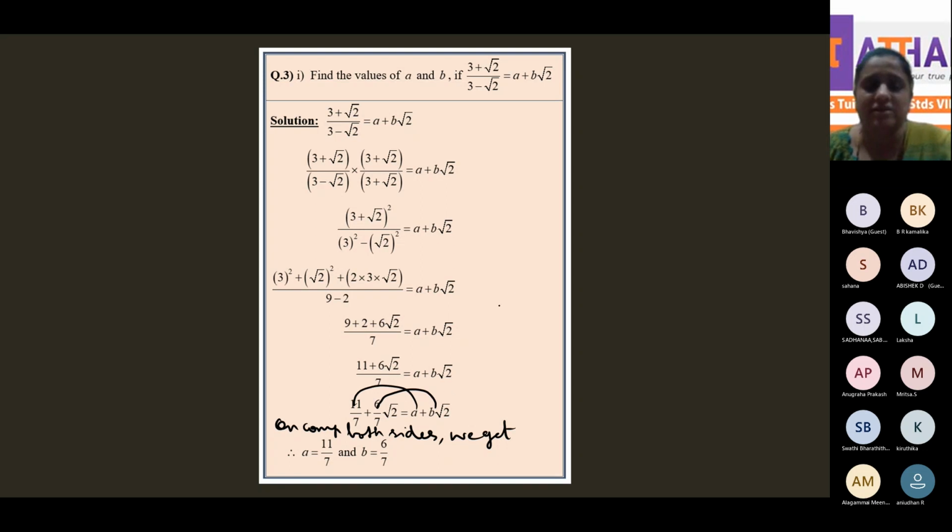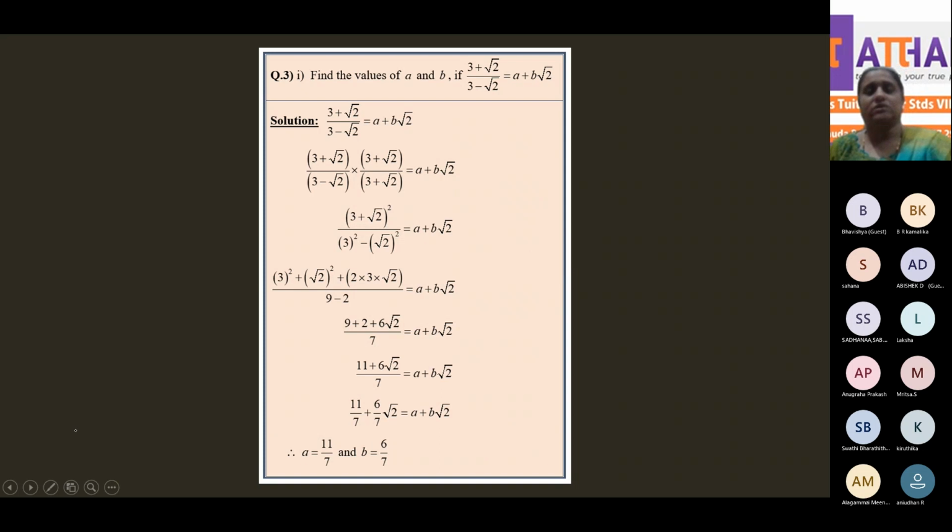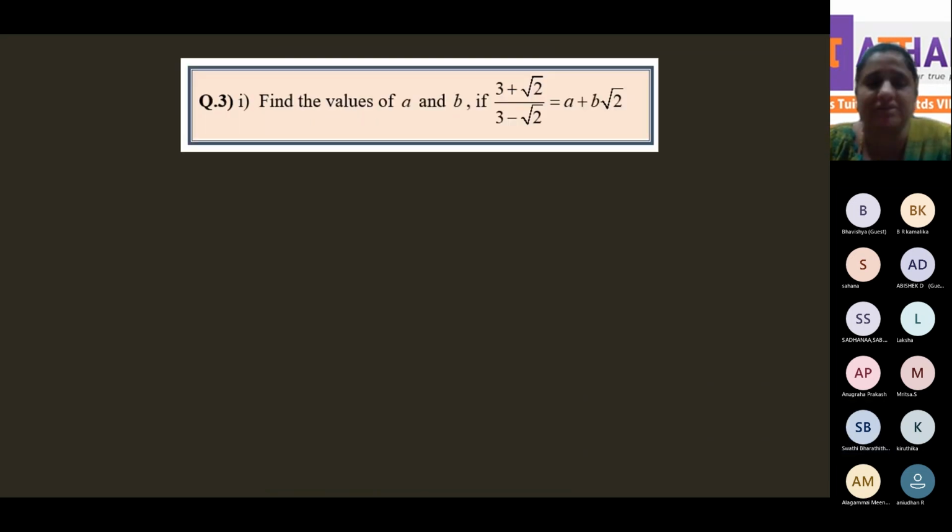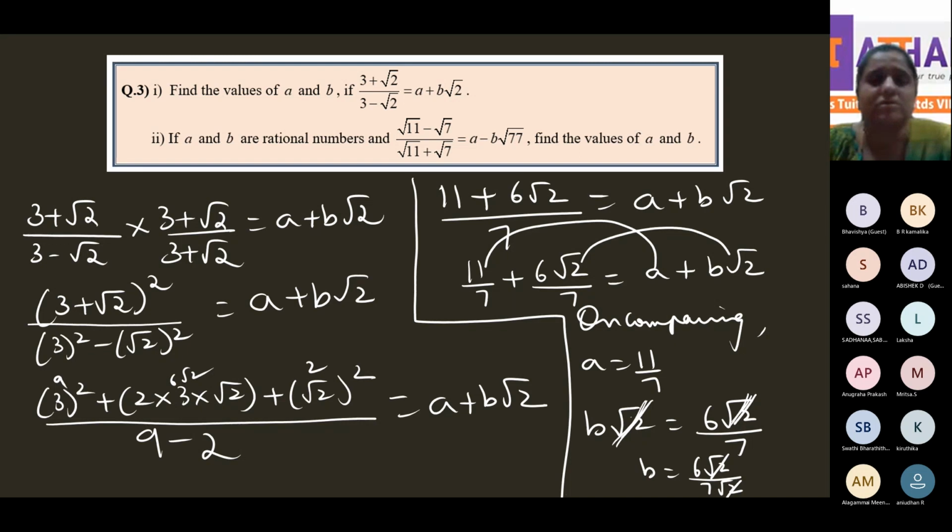So root 2 gets cancelled. If you want, you can show that step. So b is equal to 6 by 7. Take a screenshot, children, and please complete the second one as homework. Subdivision 2 homework.